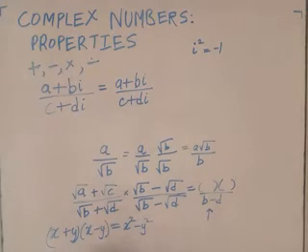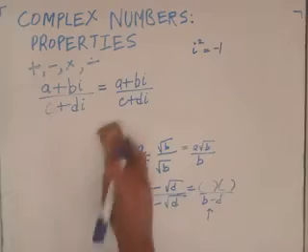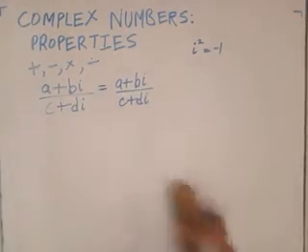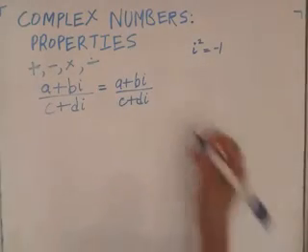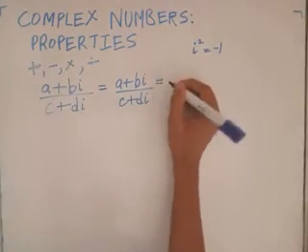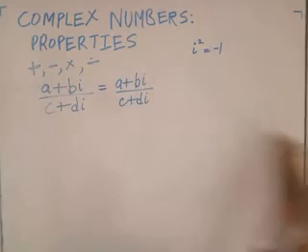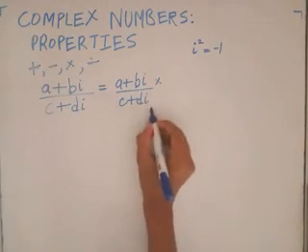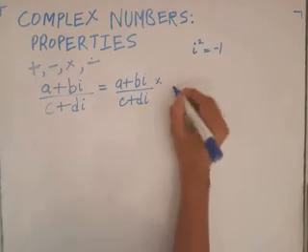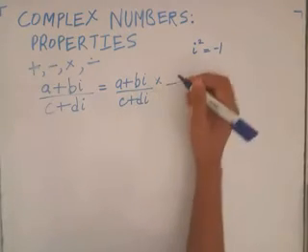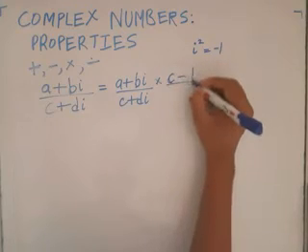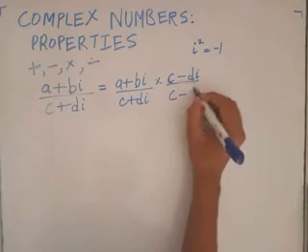We are going to use this concept of multiplying by the conjugate like we did for real numbers in the case of complex numbers as well. Okay, so this thing, if I multiply by the conjugate of the denominator, the conjugate of this is just like as we have seen before, c minus di.